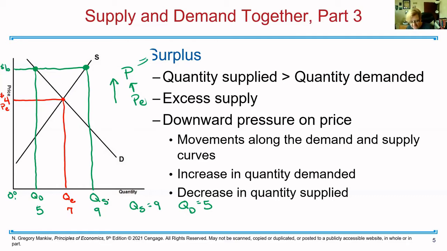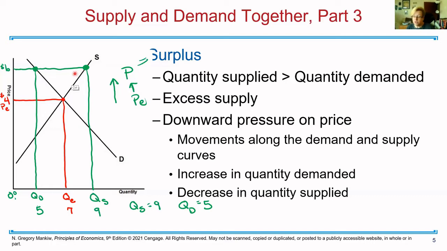So what we tend to see, particularly in an ice cream or something that can go bad, is there'll be a downward pressure on prices. Because if you had 6 ice cream cones prepared and you knew that they were going to go bad, wouldn't you start to do what?